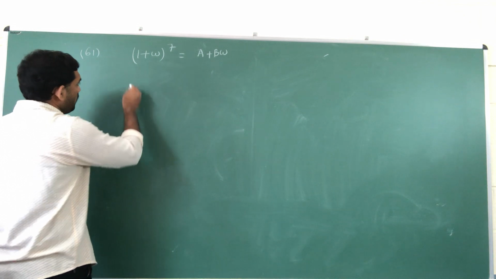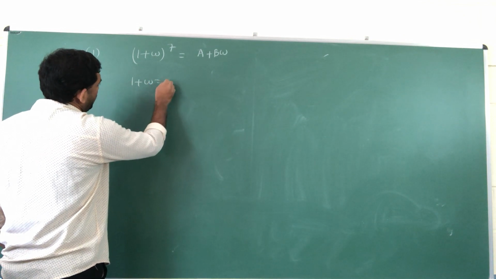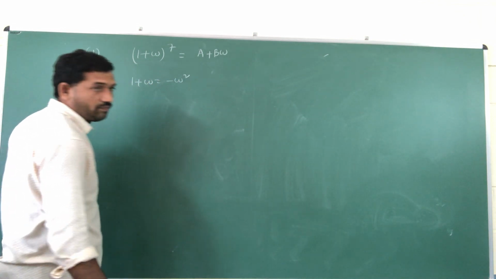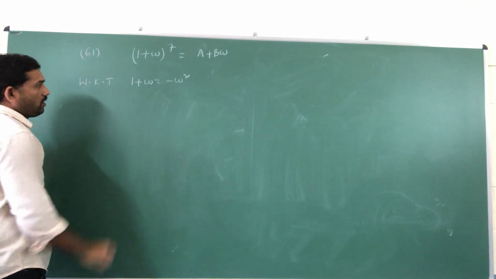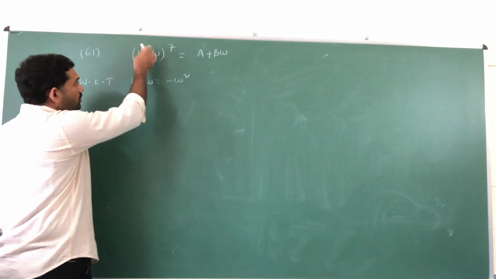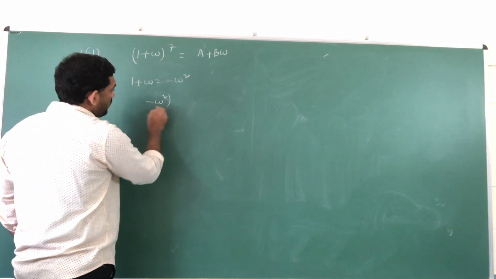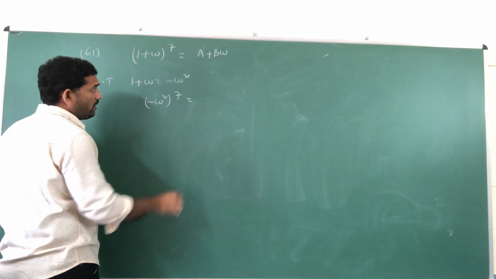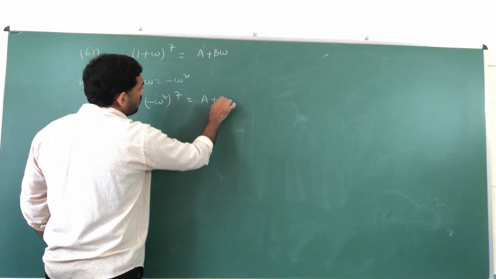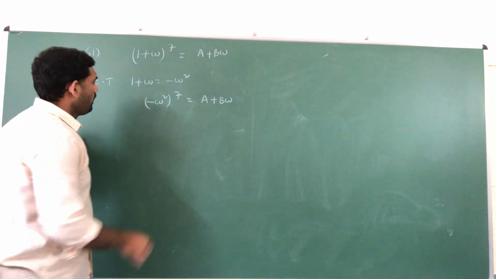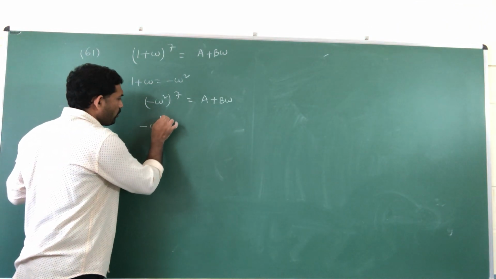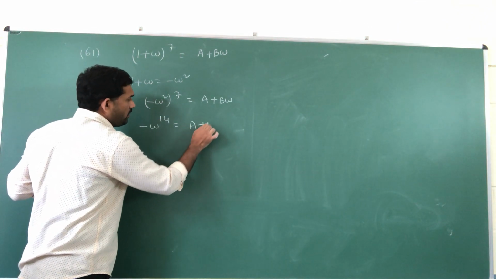Already we know that 1 plus omega is equal to minus omega square. Substitute that value: minus omega square whole to the power 7 equals a plus b omega. So minus omega^14 equals a plus b omega.